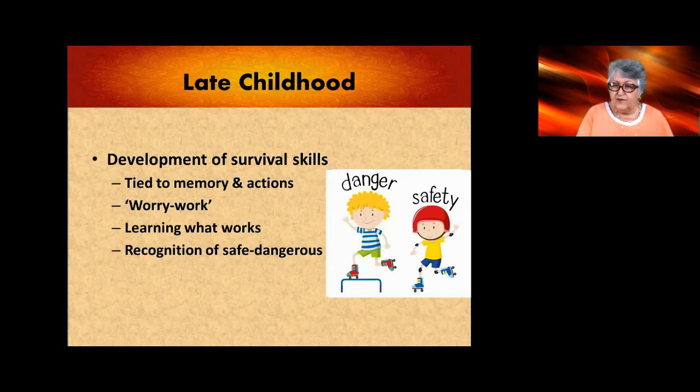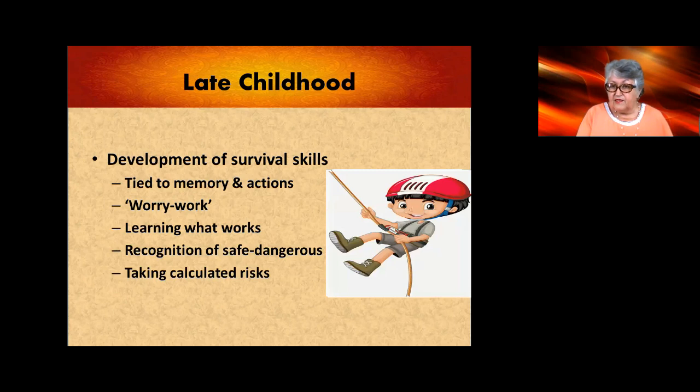Recognition of what is safe and what is dangerous is part of that orange personality. And again, it comes back to tying memory and actions. This is what I remember having happened, so now I'm going to do something different. Taking calculated risks is very much an orange personality characteristic.